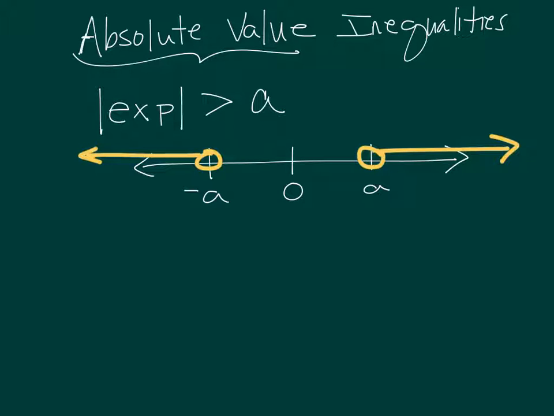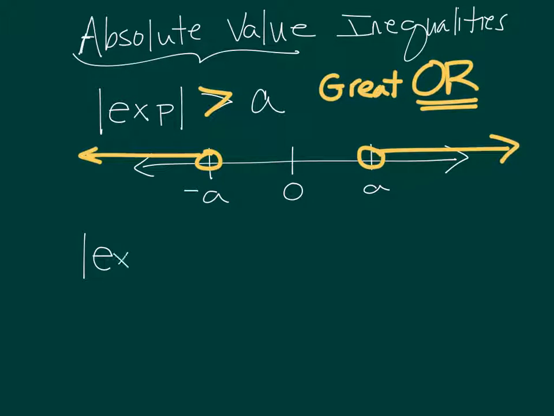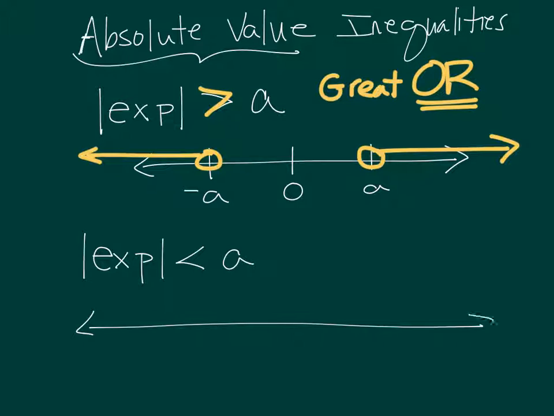So a greater than, I like to think of this as "great-or," is an or statement. When we see an absolute value of some expression being less than a, on the number line we're saying we want that to be less than a units away.